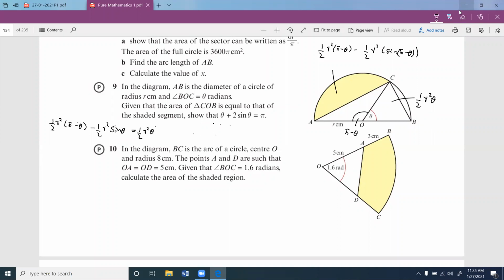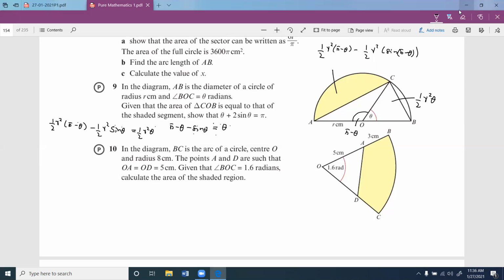If you cancel all half r squared over here, what do you get? Pi minus theta minus sine theta is equal to theta.